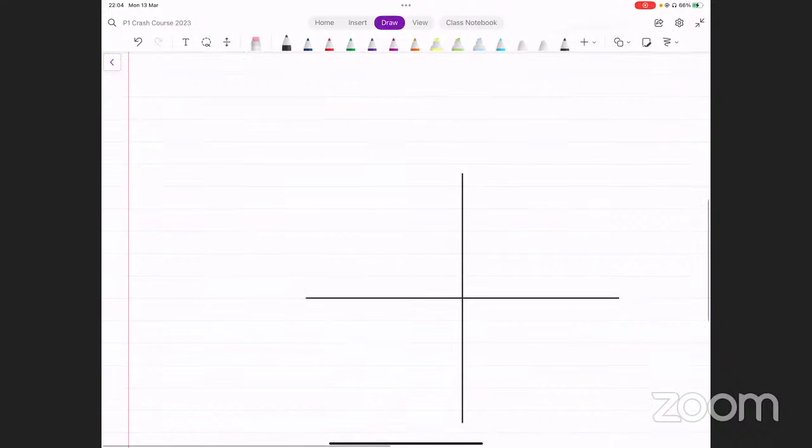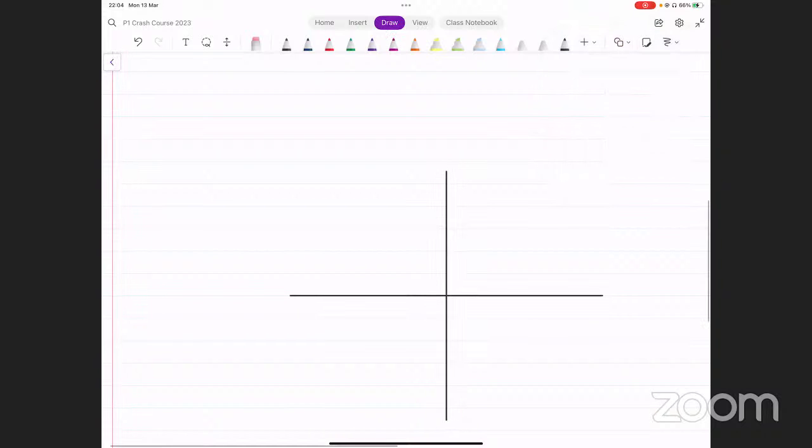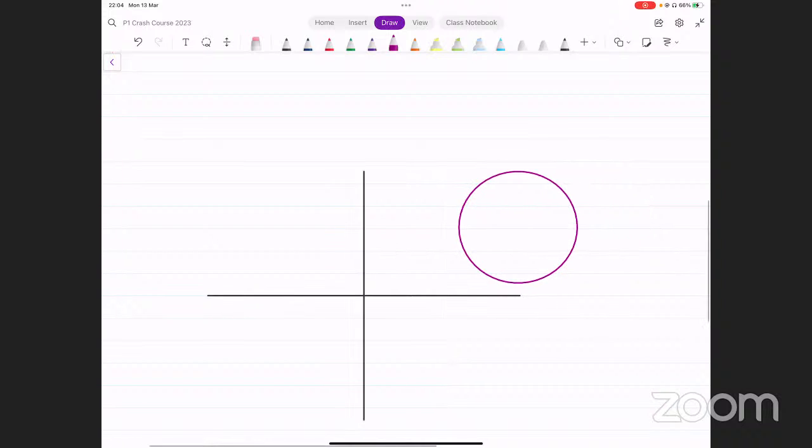All right, and there's a circle somewhere around here like this. Okay, and we want to find the equation of this circle. Now, its center is not at the origin. The center of the circle is not at the origin. Now, how do we think about this? We have the x-axis here and the y-axis here.